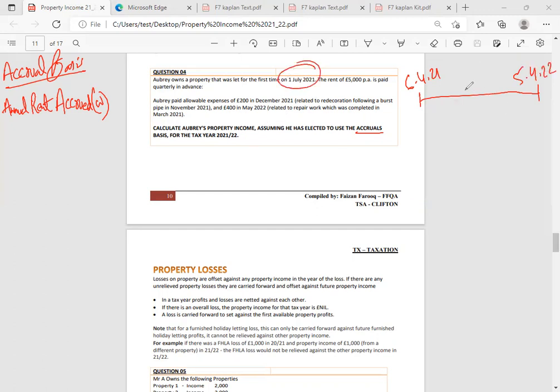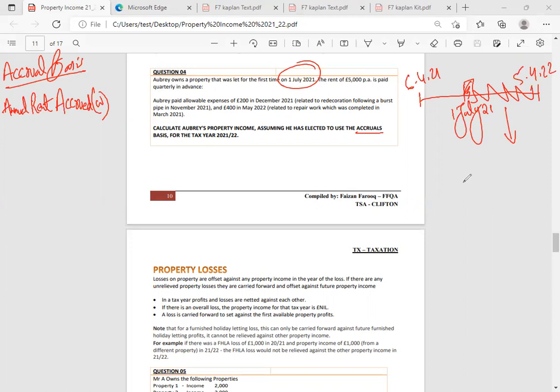So, which date was it rented out? 1st July. How many months in the tax year? 9 months.